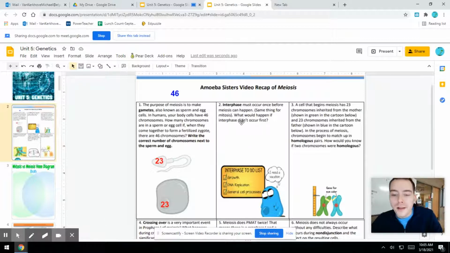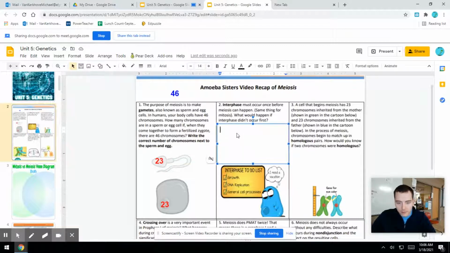Number 2, interphase must occur once before meiosis can happen. What would happen if interphase didn't occur first? If it did not occur first, the DNA and chromosomes would not copy to go into the new cells.